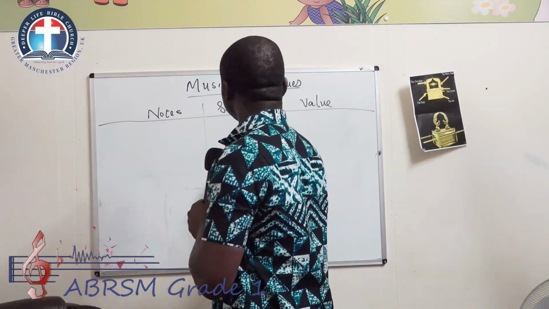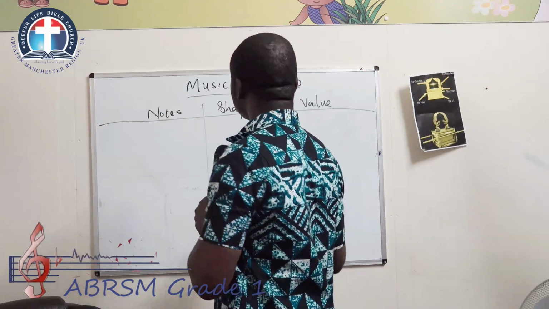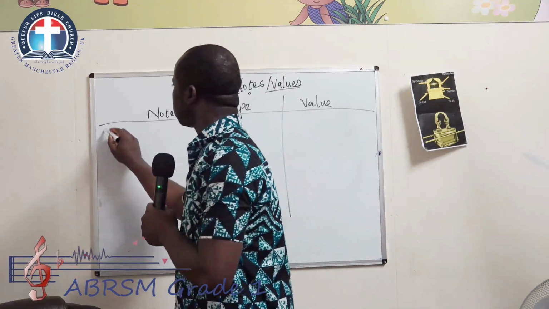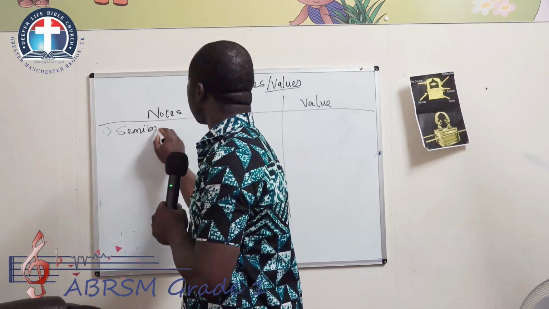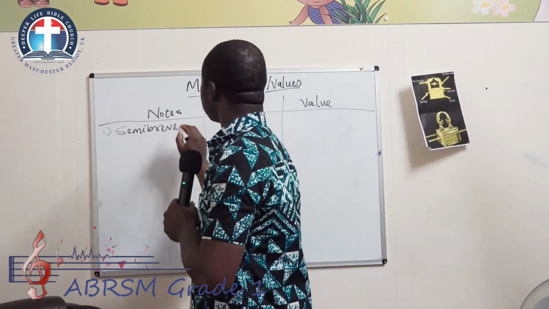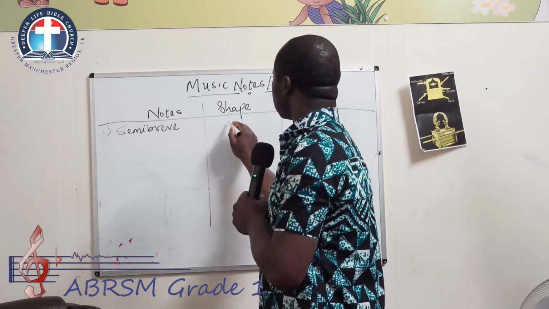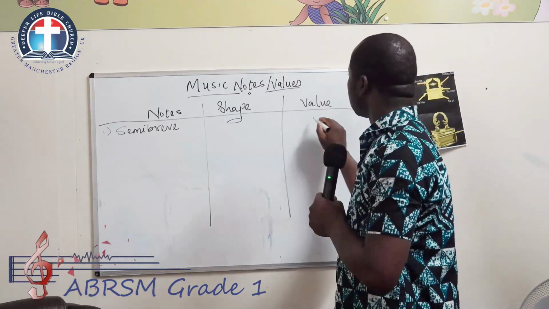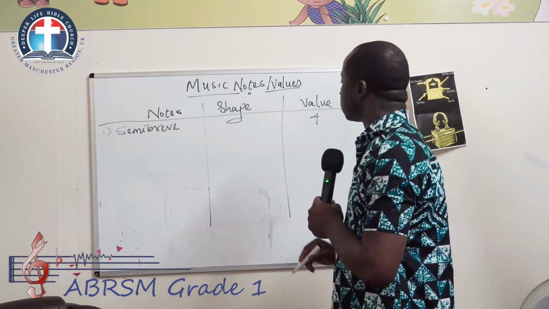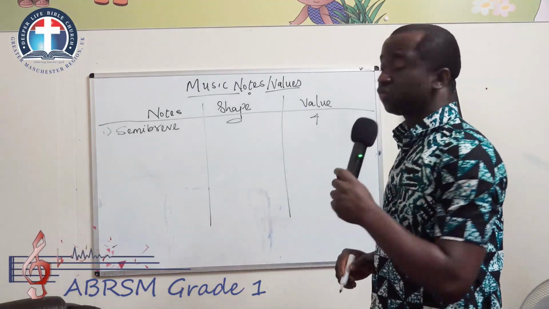All right. So you said semibreve, good. Once you see something like this, it's a semibreve. What's the value? You said 4. 4 beats. All right. What follows after that?